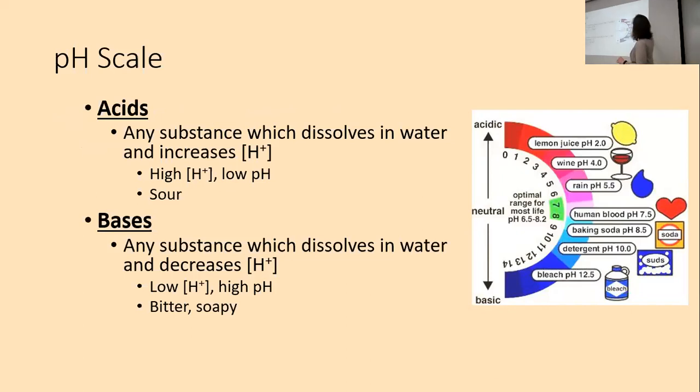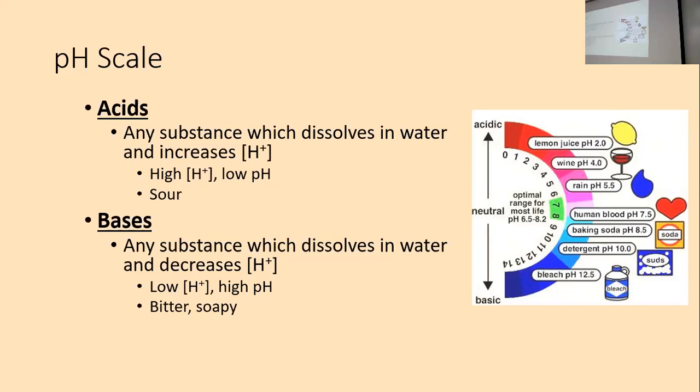Now up here on the top, an acid is any substance which dissolves in water and increases the proton concentration. So liquids that have a high proton concentration have a low pH, because we're in 10 to the negative. The larger your negative exponent is, the smaller the number is.